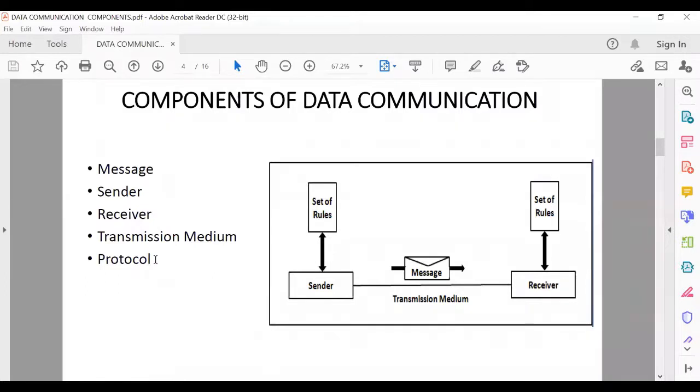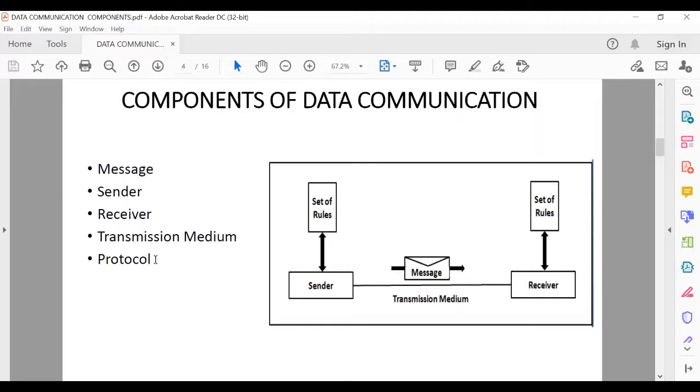What is sender? Now the sender is any device that is capable of sending the data. Receiver, what is it? The receiver is a device that the sender wants to communicate the data or this message to. Here is the transmission medium.